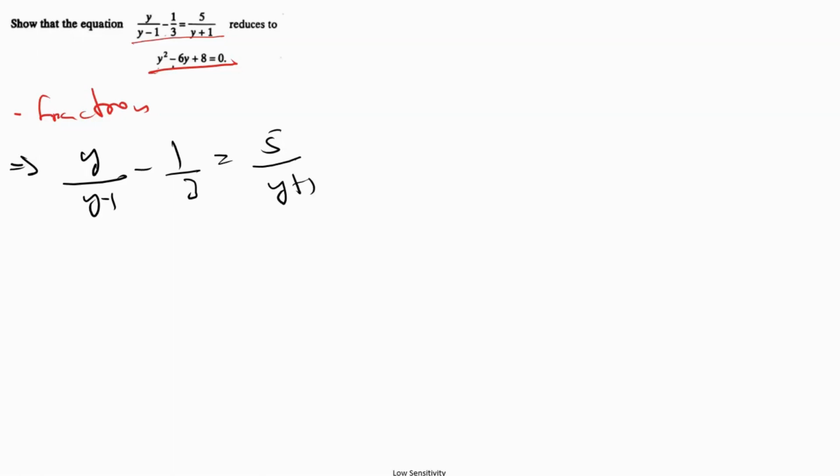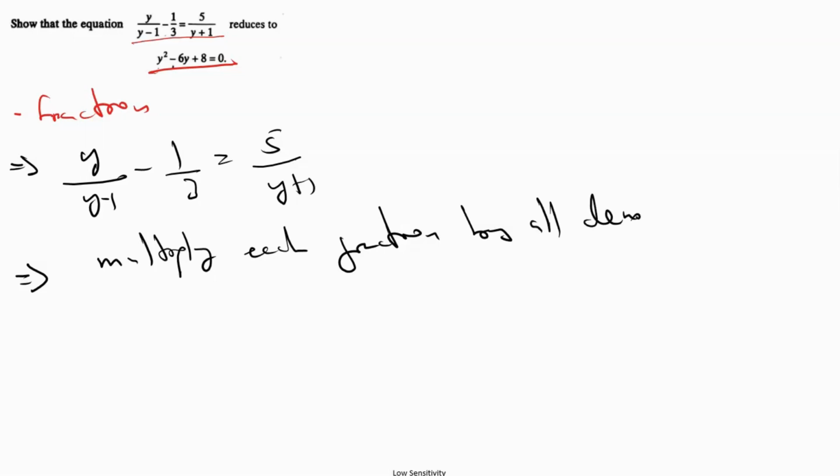Alright, so what we can do if we want to simplify this is multiply each fraction by all the denominators. If we do that, we are going to reduce this to the simplest form. So let's multiply every one of these by all the denominators.